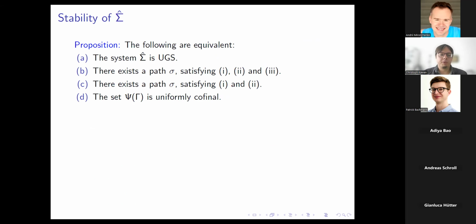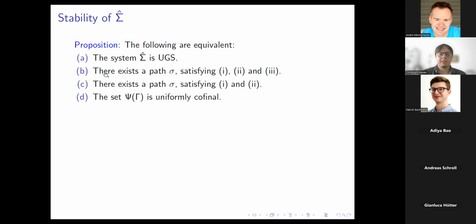Right, now we can prove our first result, which will show you why I introduced at least some of the definitions, or this augmented gain operator at least. So this is an equivalence of 4 properties. The first one says the system sigma hat is uniformly globally stable.